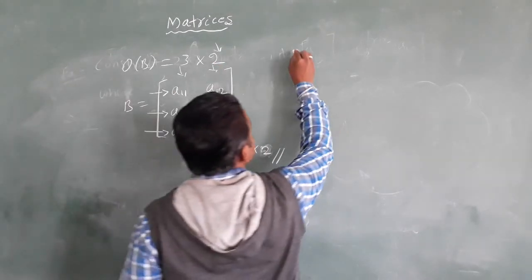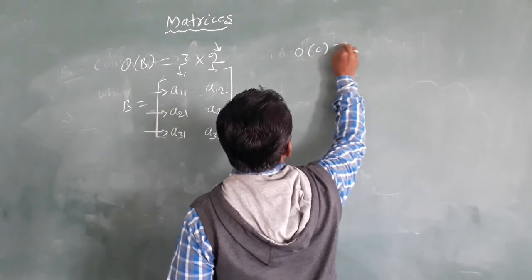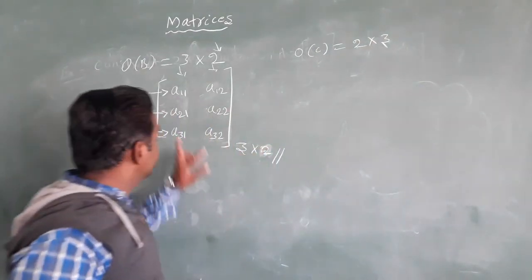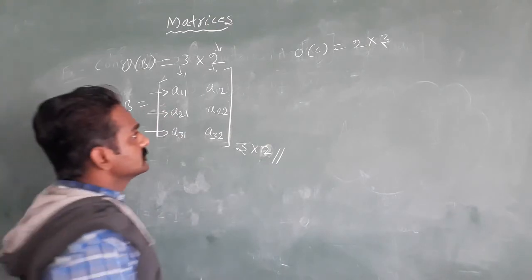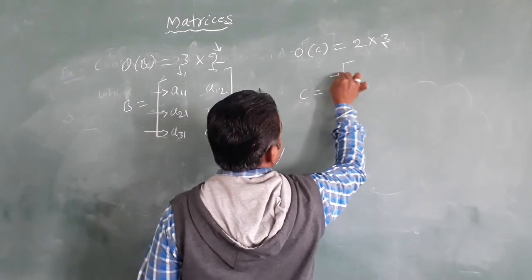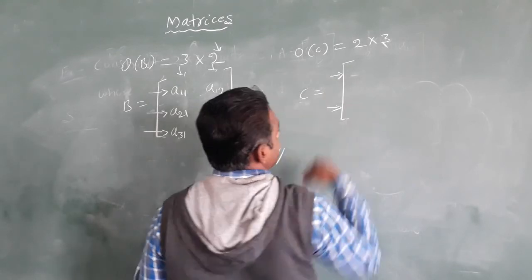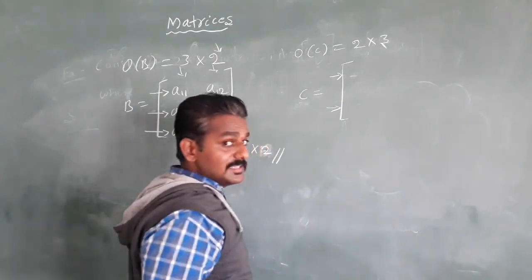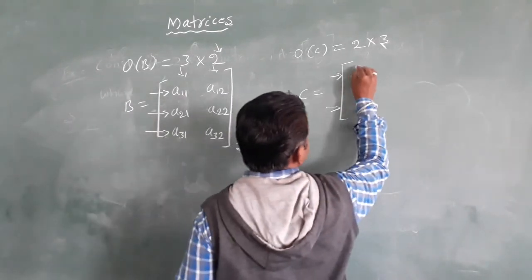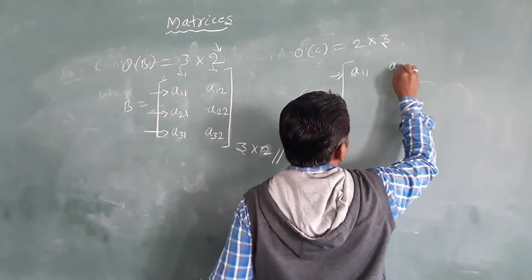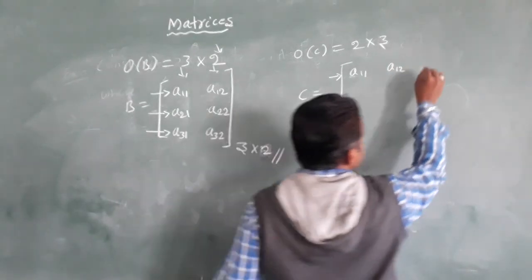I will write another one. See here, students. Order of C is 2 cross 3. Just I will interchange this only. See here. C equals to first row, second row. Just 2 rows. And how many columns are there? 3 columns. Means A11, first row, first column. First row, second column.